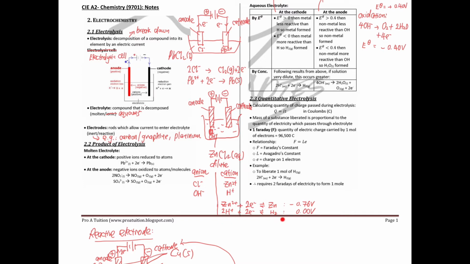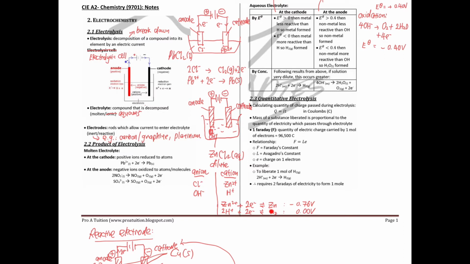Forward reactions can happen more easily, in other words. So for example, 0.00 volt is more positive compared to negative 0.76. Which means H plus is more likely to have a forward reaction compared to zinc 2 plus. So this is more likely to go forward.